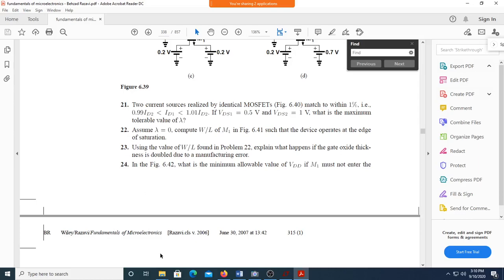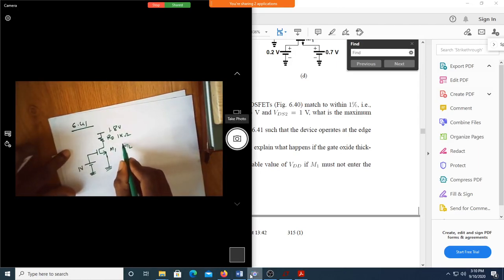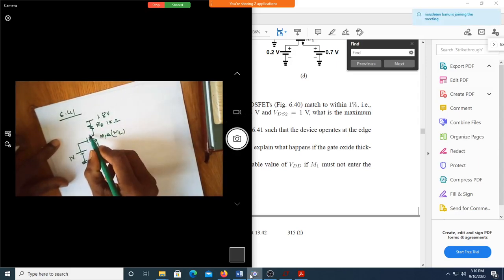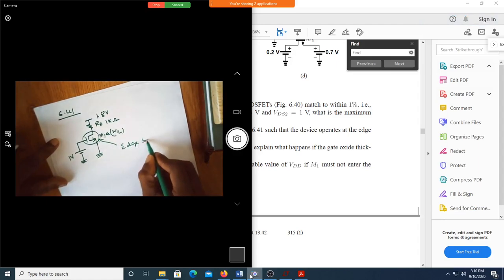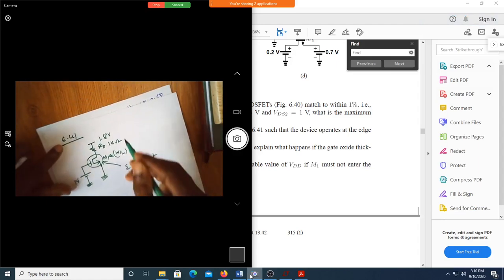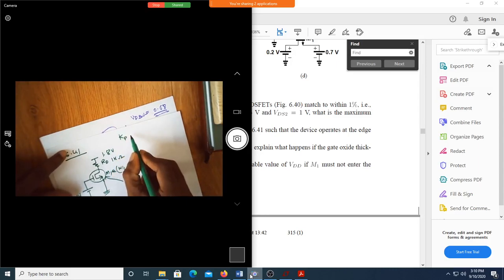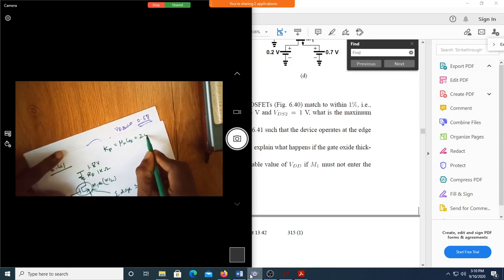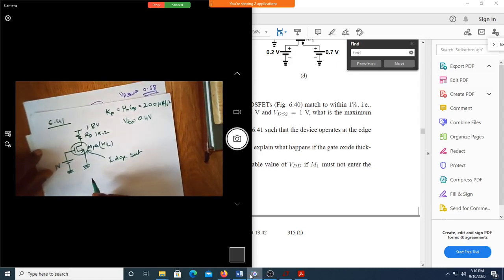Meaning in this circuit, I need to find out what is W by L of this transistor so that this transistor operates at the edge of saturation. What all things are commonly given? Kp of NMOSFET, that is mu n into Cox, is assumed to be 200 microampere per volt square, and then VTO is equal to how much? Correct, 0.4 volt.